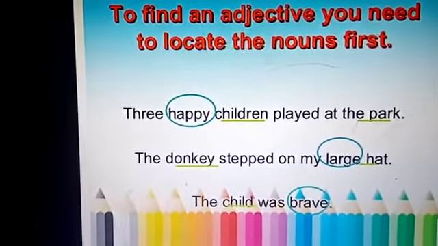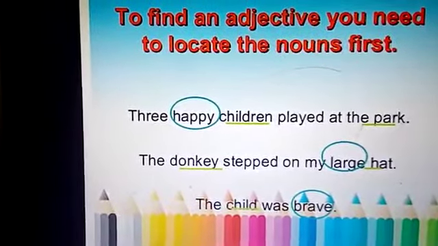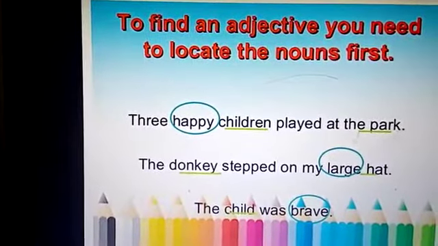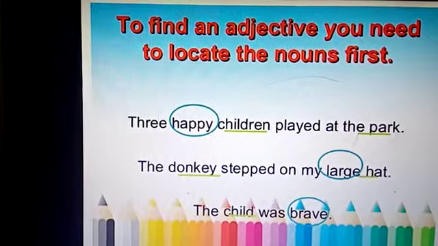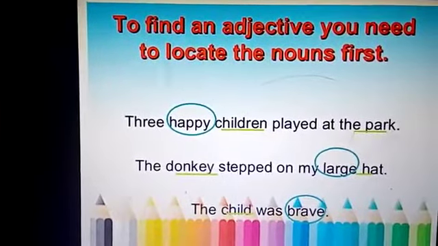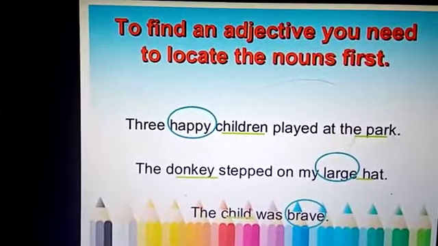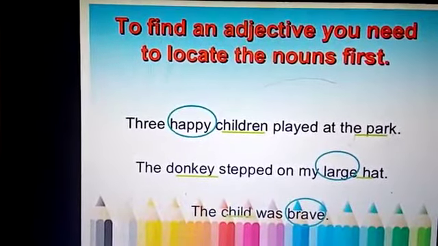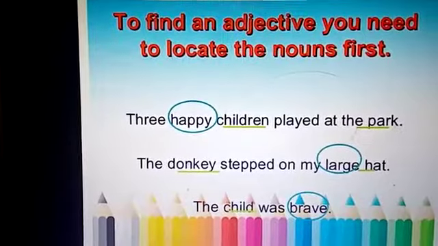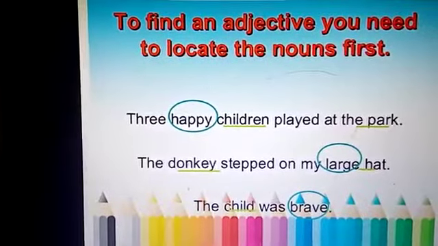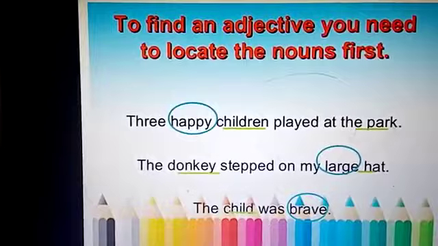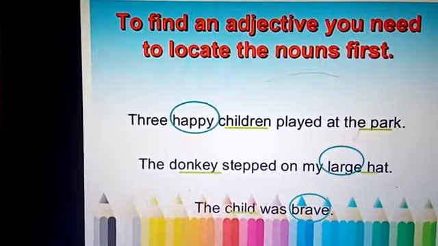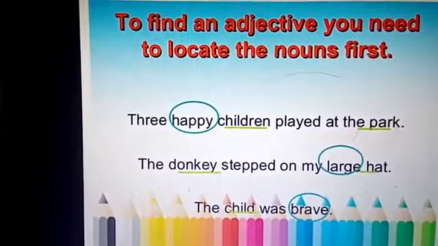Some examples are given here. 3 happy children played at the park. The donkey stepped on my large hat. The child was brave. You can see the underlined words and the circled words. Happy children. First of all you have to locate the nouns. So 2 nouns are there, children and park.